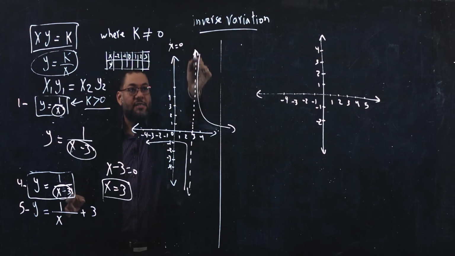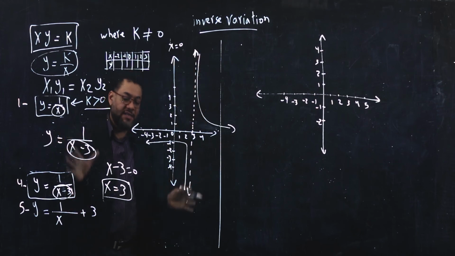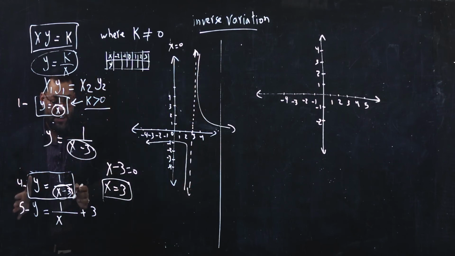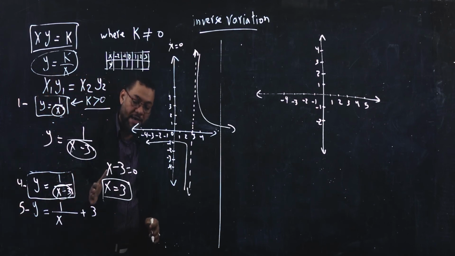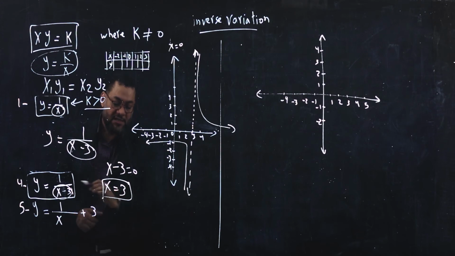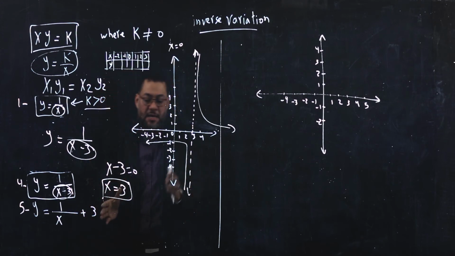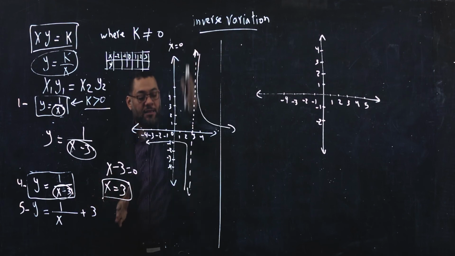This is about the vertical asymptote. We got it from the denominator: put it equal to 0 and get the value of x. That is the excluded value, x equals 3, and it will be a line called the vertical asymptote.